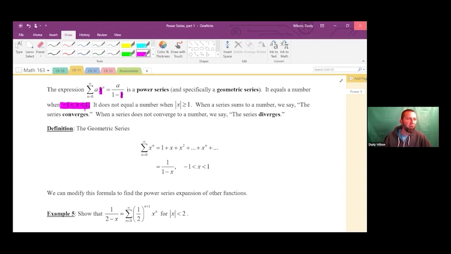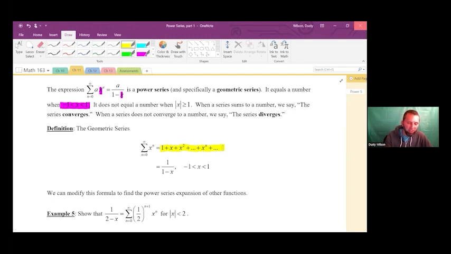So here's our definition. The geometric series is the sum from n equals 0 to infinity of x to the n. That is, it is 1 plus x plus x squared plus dot dot dot plus x to the n plus dot dot dot. It goes on for an infinite number of terms.